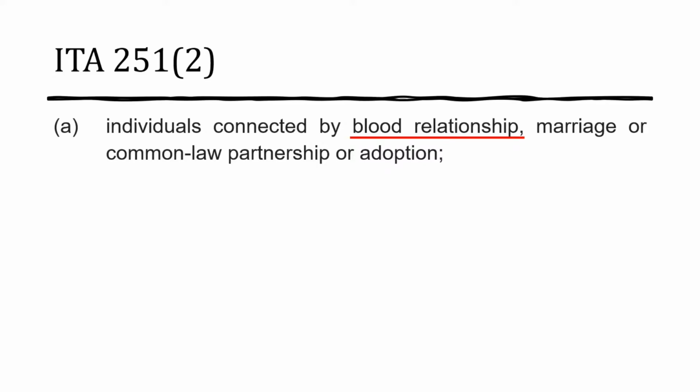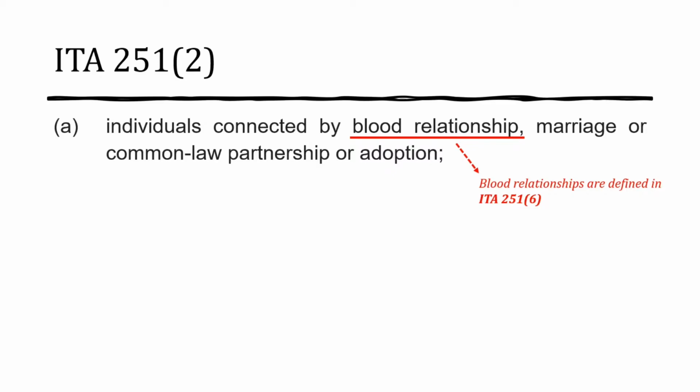But again, it might not be obvious, blood relationship is actually a defined term in the Income Tax Act. And you'll find that blood relationships are defined in ITA 251 subsection 6. I'm not going to cover that in much detail at all in this video. That's been covered in your lecture, so you could go there to take a closer look at 251 subsection 6.